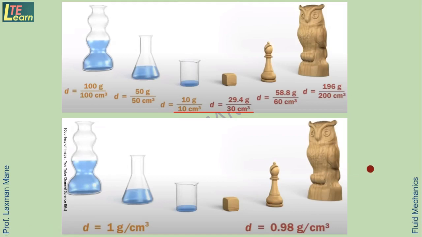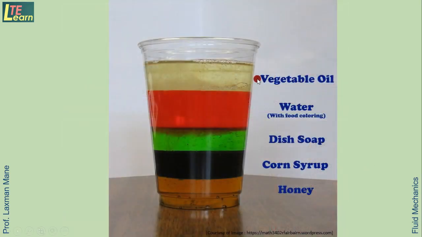So mass density is especially used in the fluid mechanics subject for the different studies of fluid. Here we see in this glass different liquids are filled. From this we see that honey has the highest density, meaning it is a denser fluid or liquid, that's why it is deposited at the bottom.